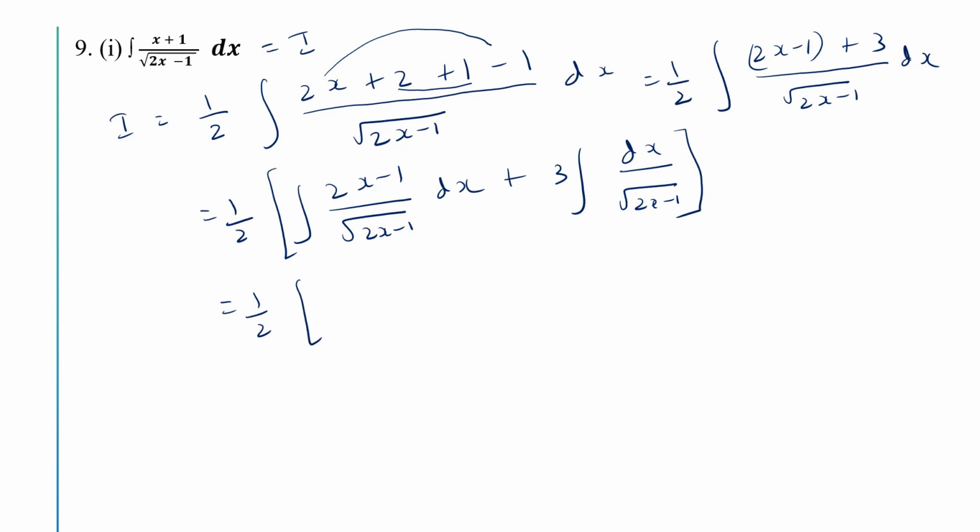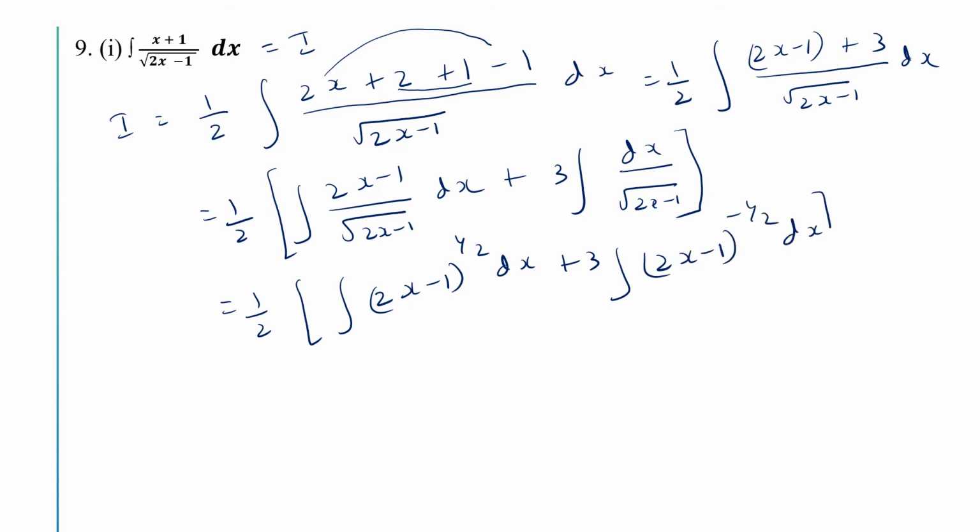Now this we can write as (2x minus 1) the whole raised to half, because it is (2x minus 1) the whole raised to 1 minus half. So it is (2x minus 1) the whole raised to half dx plus 3 integral (2x minus 1) the whole raised to minus half dx. Now we can use the standard integrals.